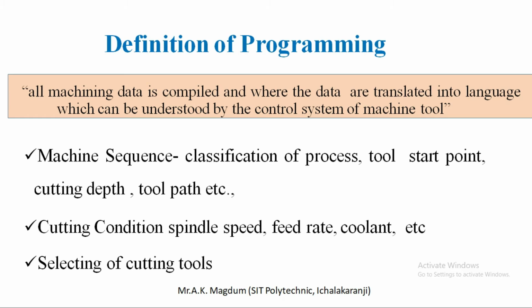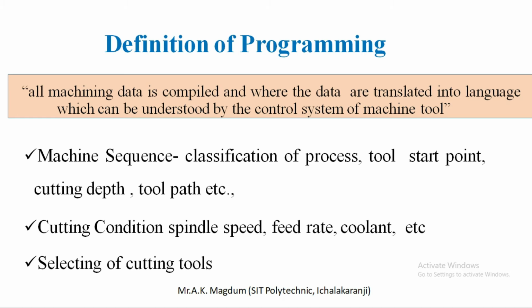Next is the selection of cutting tools. Various tools are required for the various operations we want to perform on the component. According to the operation you want to perform, we call that particular tool for that operation.